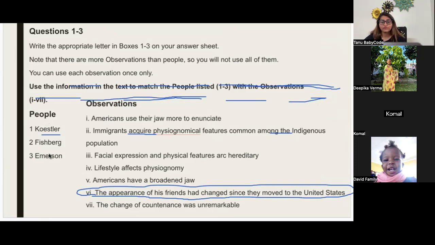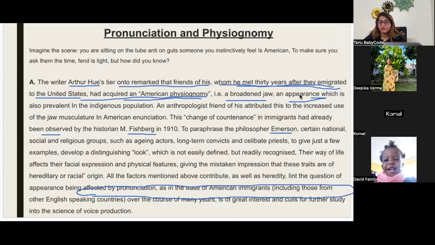Now let's see what Fischerberg talks about. Let's find out about Fischerberg. Fischerberg is here, so we will read before and after the name of Fischerberg. An anthropologist friend of his attributed this to the increased use of the jaw musculature in American mastication.